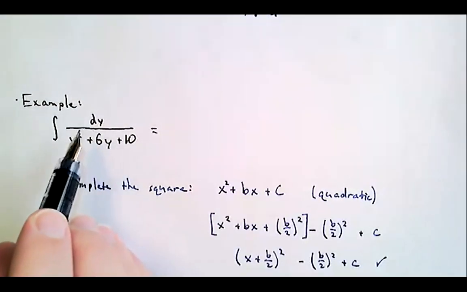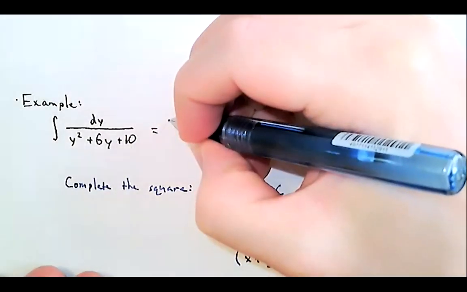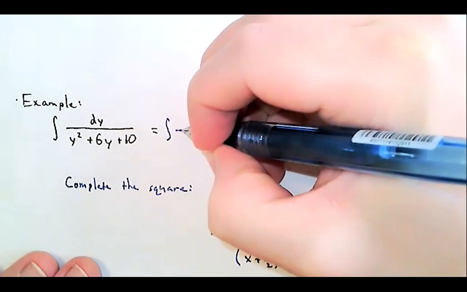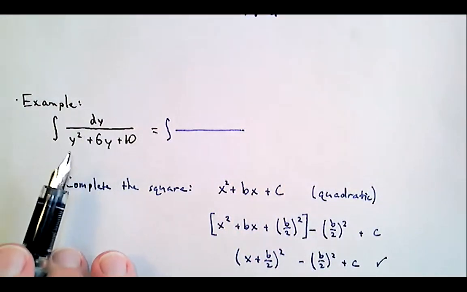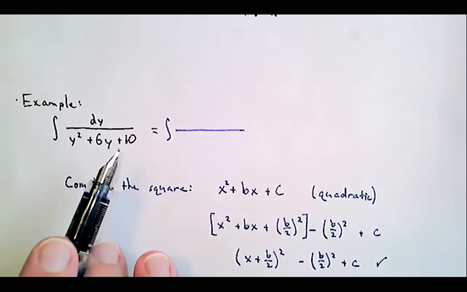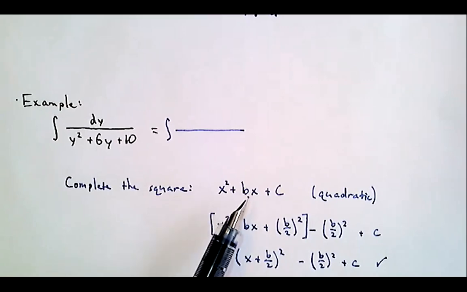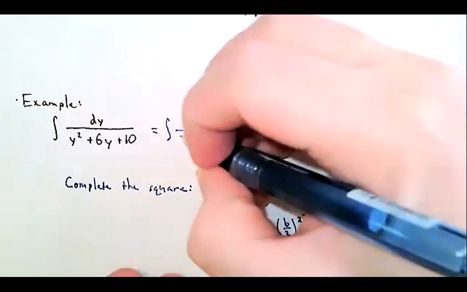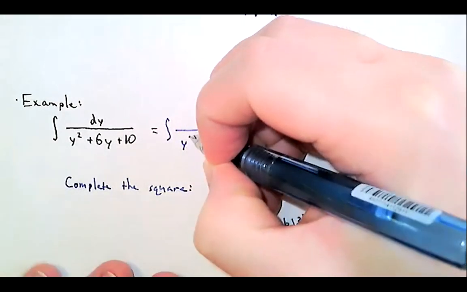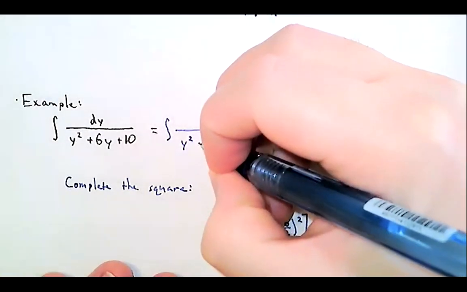So I'm going to take this quadratic and complete the square in order to use one of my integral rules. Down here we have y squared plus 6y plus 10. So b, the coefficient on the x term, is 6. I'm going to take 6, divide it in 2, and square it.